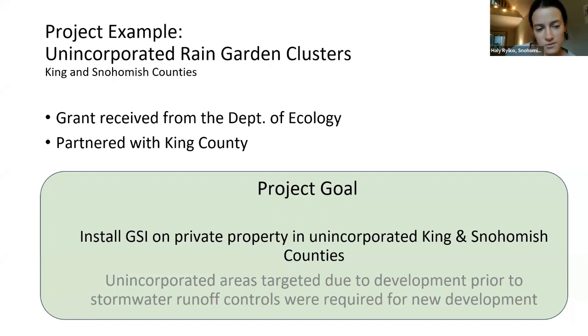This project was done from a grant received from the Department of Ecology, and we partnered with King County to complete it. The goal was to install rain gardens on private property in these unincorporated areas. The unincorporated areas were targeted because they may have been developed before stormwater runoff controls were required.